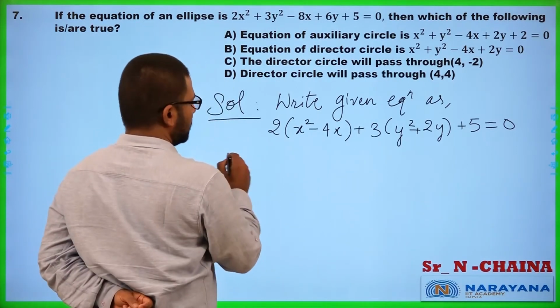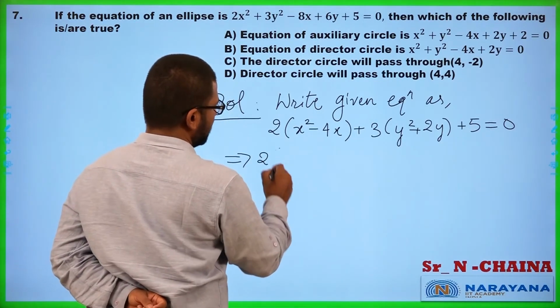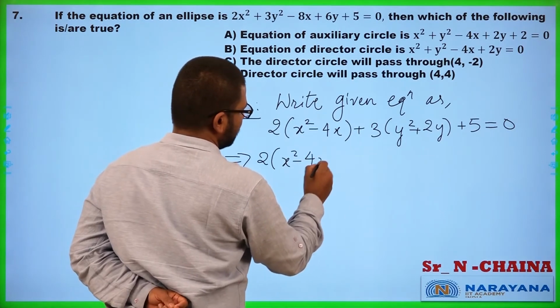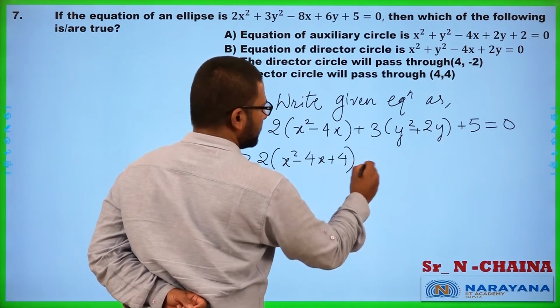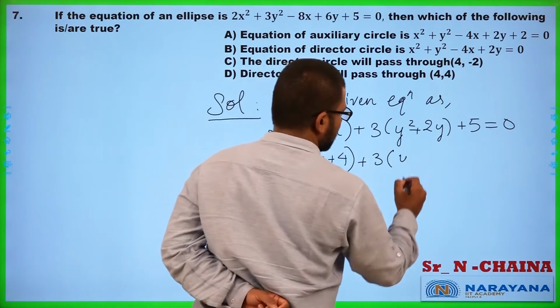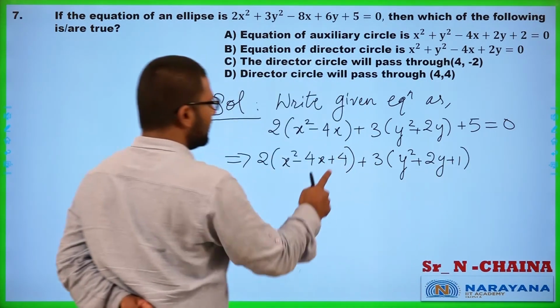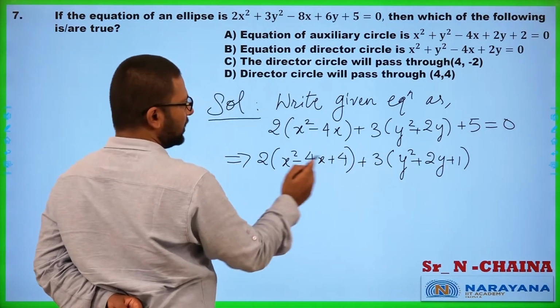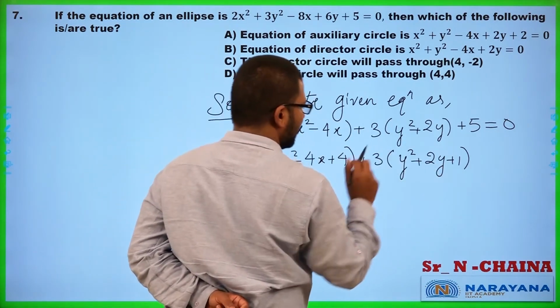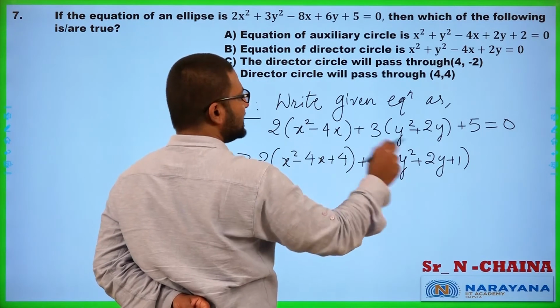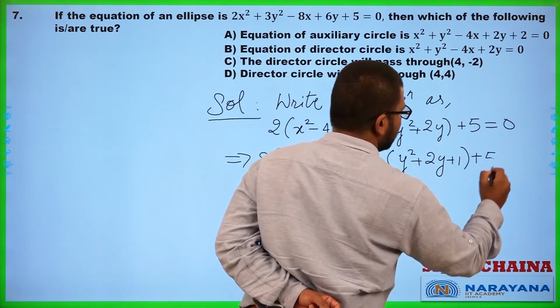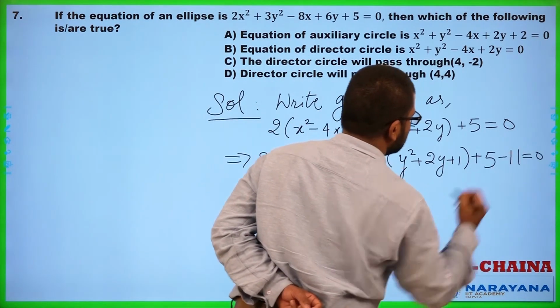So we will write this as 2 into (x square minus 4x plus 4), and then 3 into (y square plus 2y plus 1), and then remove this 4 and 1. So 2 into 4 is 8, 3 into 1 is 3, so 8 plus 3 is 11, so plus 5 minus 11 equal to 0.